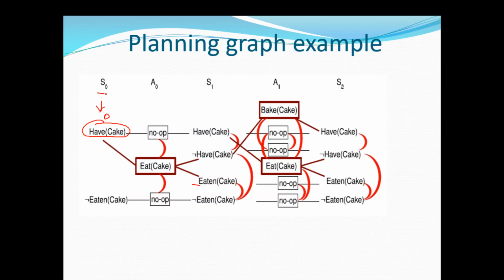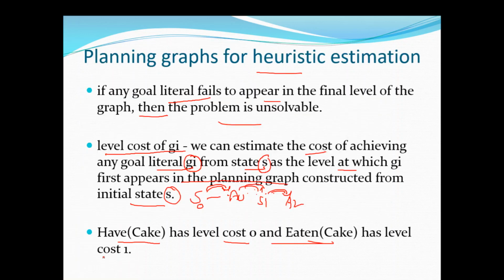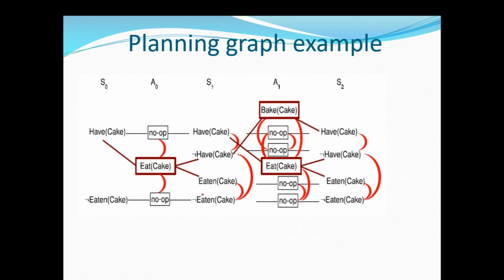Now see, the level means, previously I said this is one level and this is one level. It's not like that. This entire thing is one level. S0 A0 is one level, S1 A1 is the next level, S2 A2 is the next level, and so on and so forth. So here we have to check two things: have cake and eaten cake.